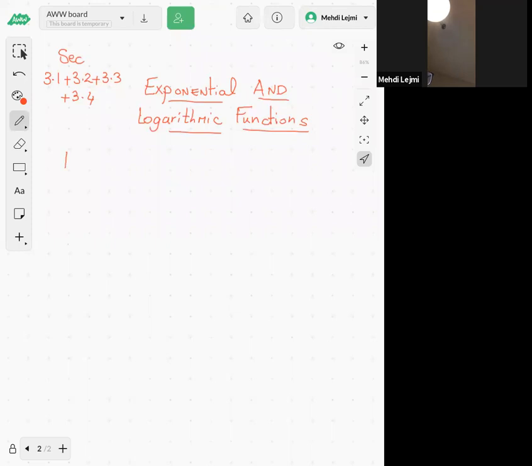So what's an exponential function? It's just a function of the form, so definition.